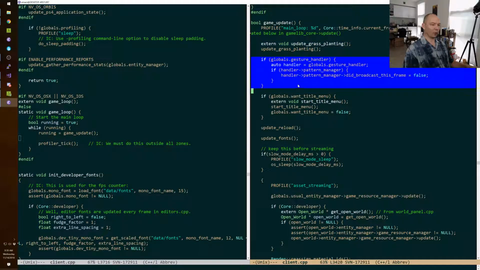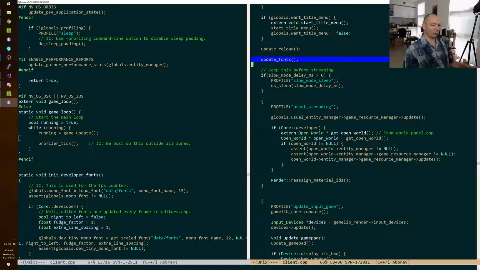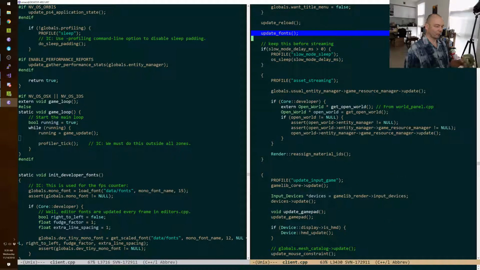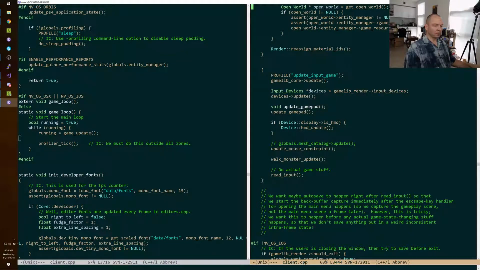This is for gameplay. This is for gameplay. This is for developer mode. This is probably for developer mode. So this is when we start actually doing things you would recognize.